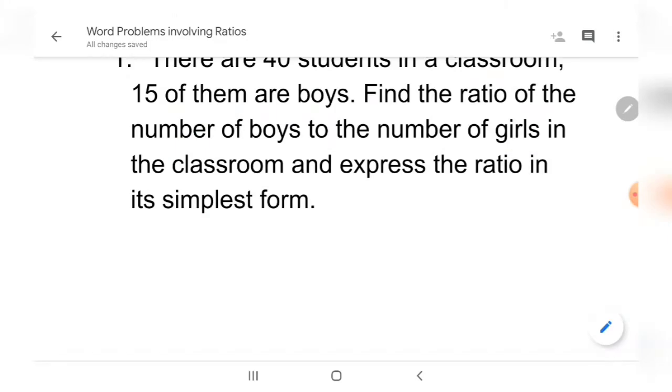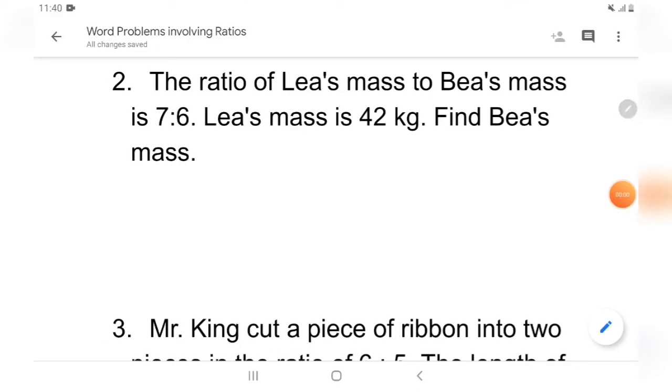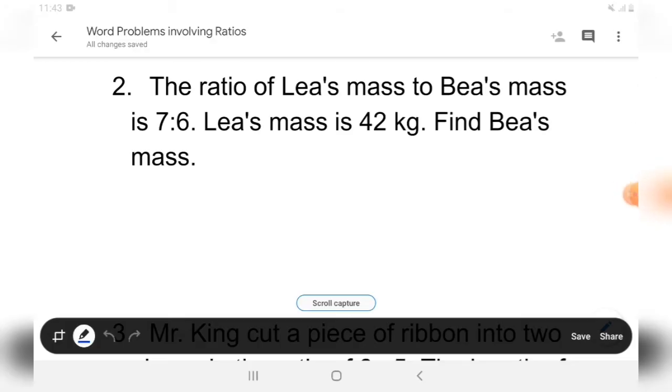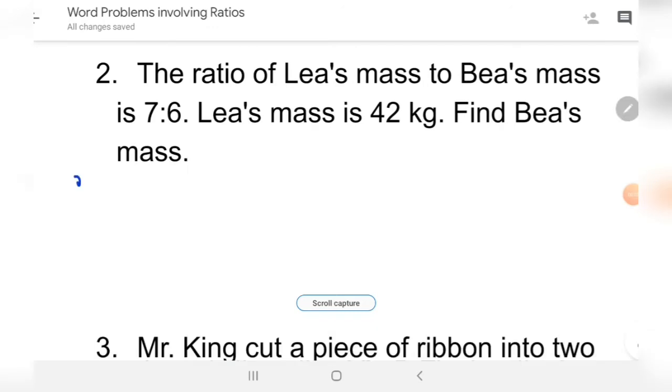Next, number 2. The ratio of Leia's mass to Bea's mass is 7 to 6. Leia's mass is 42 kilograms. Find Bea's mass. Let's find out what is given.